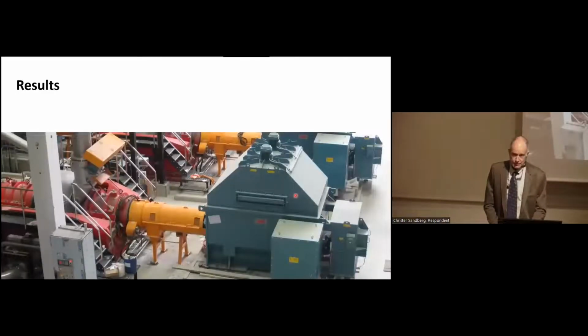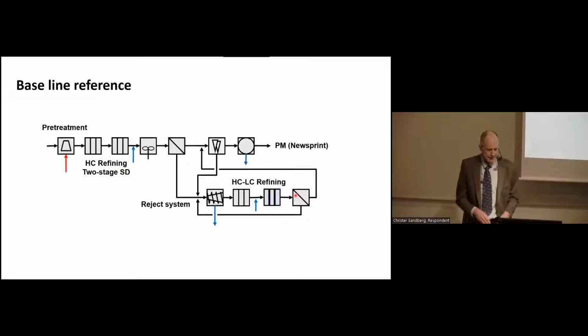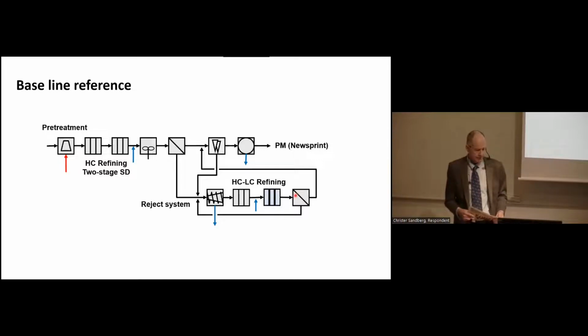Now over to some of the results. And as a baseline reference for this work was the pulp line that is no more in operation in Braviken in this configuration, but it was when we started.